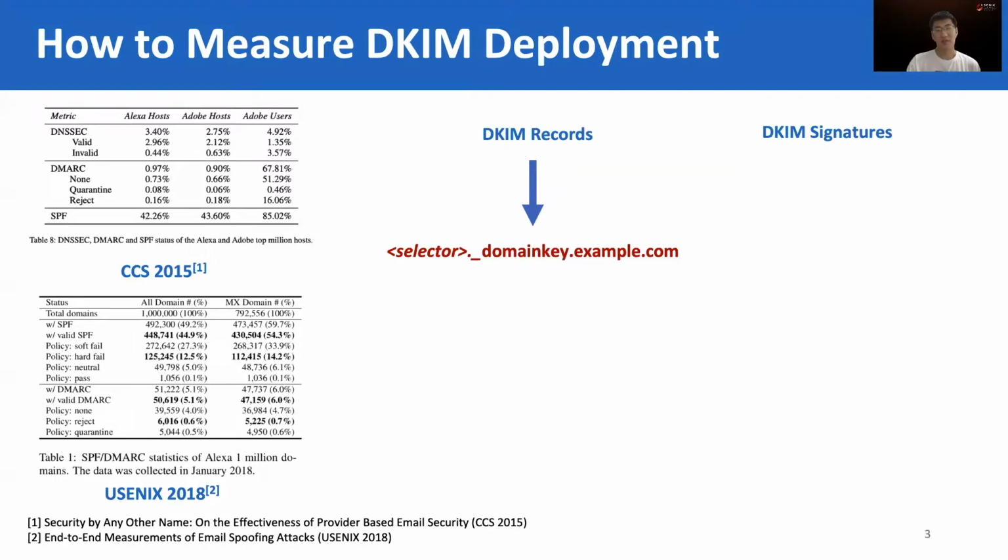Besides, DKIM signatures are also difficult for researchers to collect. DKIM signatures are embedded in the email header and would not be publicly released. It's difficult for researchers to obtain large amounts of DKIM signature data for further security analysis.